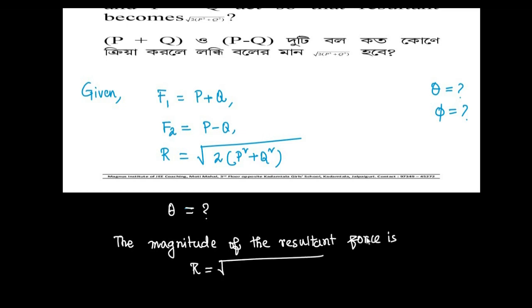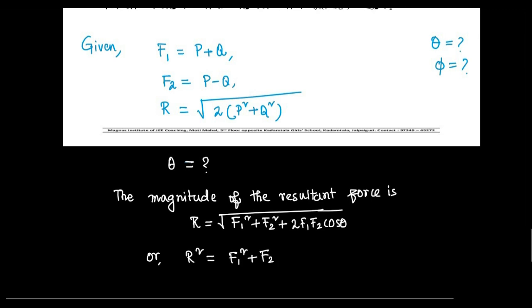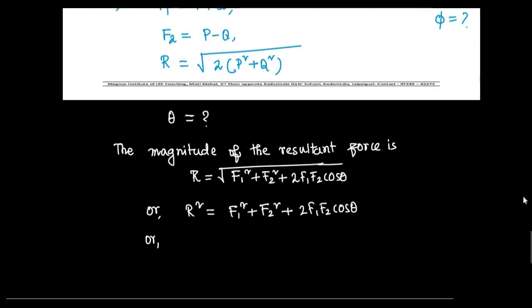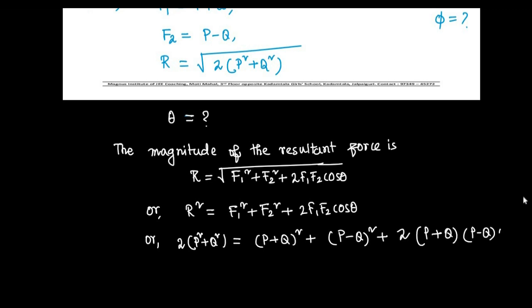is given by R equal to root over F1 square plus F2 square plus 2 F1 F2 cos theta, or R square is equal to F1 square plus F2 square plus 2 F1 F2 cos theta. In place of R square, we can write 2P square plus Q square equal to P plus Q whole square plus P minus Q whole square plus 2 into P plus Q into P minus Q into cos theta.